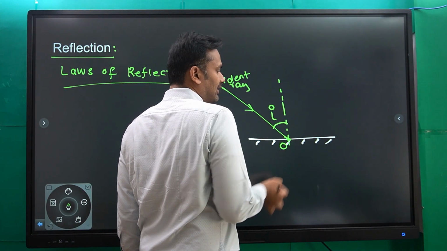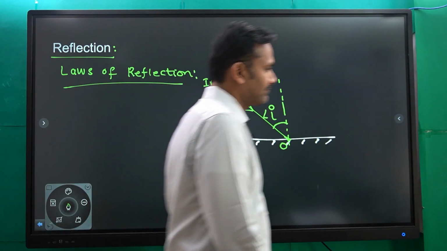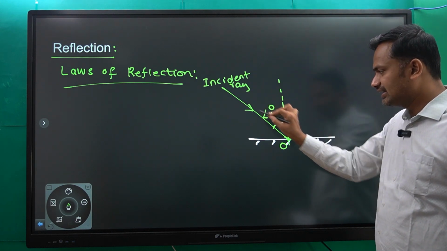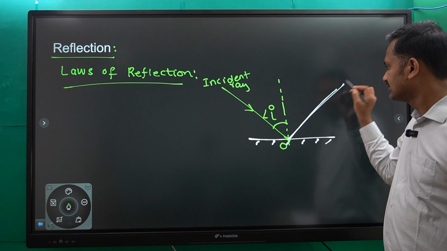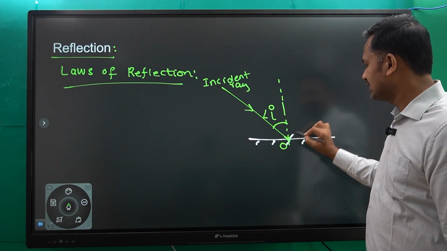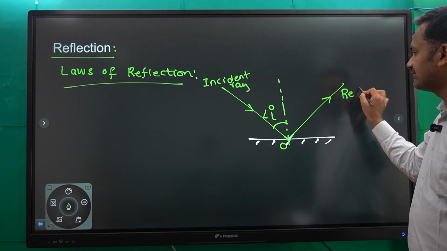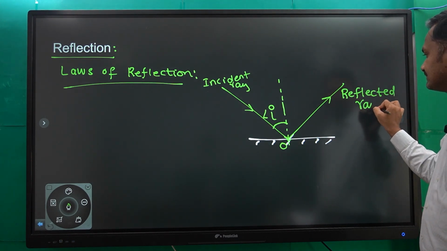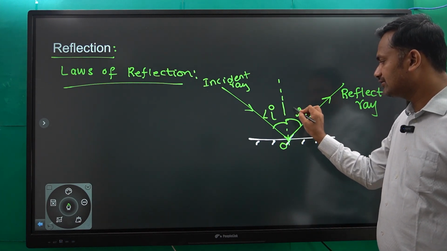This is the angle of incidence, i. When the light is incident here, it gets reflected along this path, and this is the reflected ray. And this is the angle of reflection.